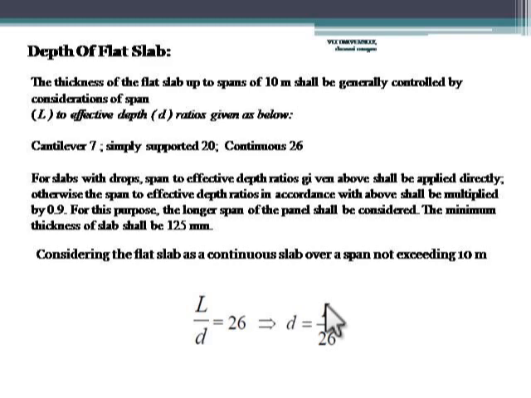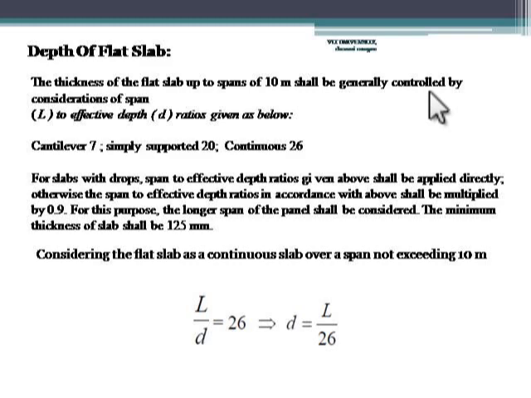Depth of flat slab. The thickness of flat slab up to the span of 10 meters shall be generally controlled by consideration of span to effective depth ratio, given below. That is, for cantilever 7, simply supported 20 and continuous 26.